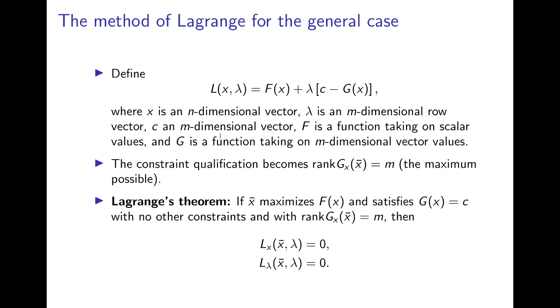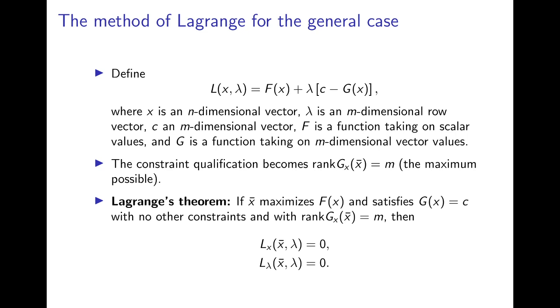C is an m-dimensional column vector then again. F is a function that takes on a scalar value actually here. And G is a function that takes on m-dimensional vector values. So basically, this is the same formulation as we had before, but now with more dimensions than this two-dimensional vector that we had previously.